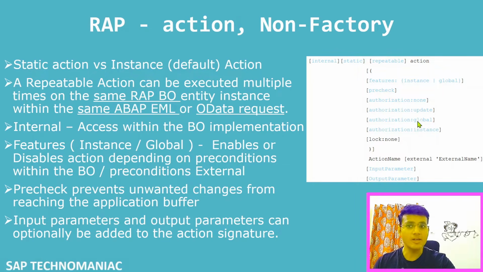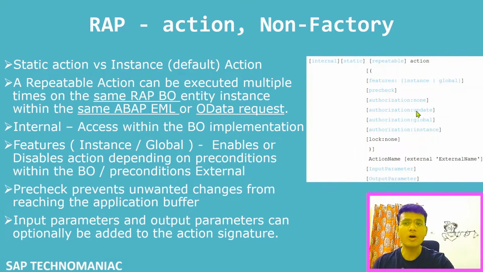It will delegate your authorization when we execute the particular action: the global authorization, whatever we have defined, will be checked, and then the action will be executed. Or in the instance case, for instance authorization, whatever we have defined in the behavior definition will be checked, and then this particular action will be performed.